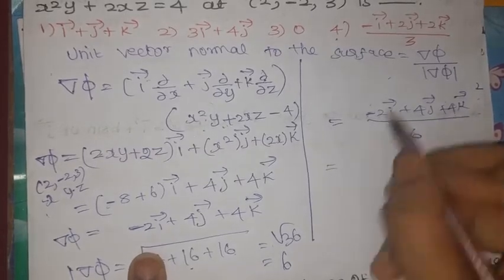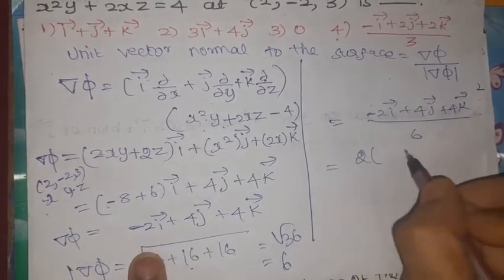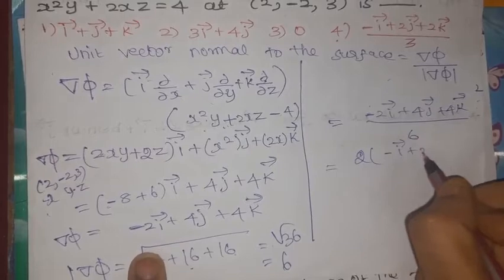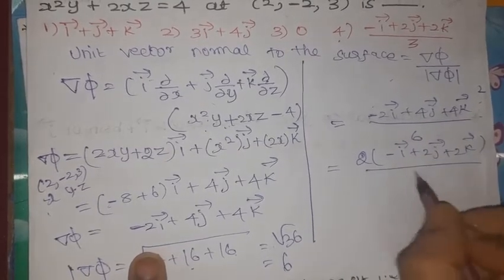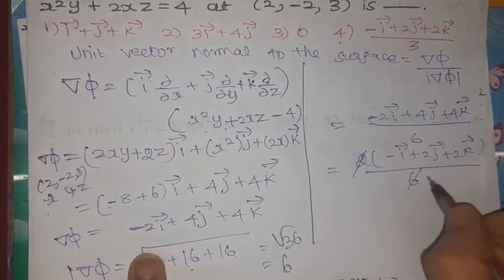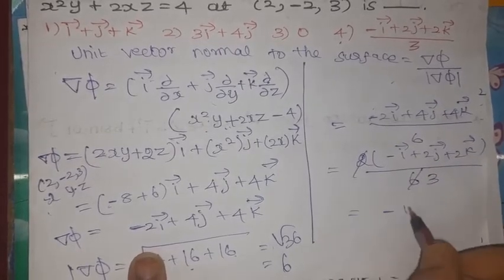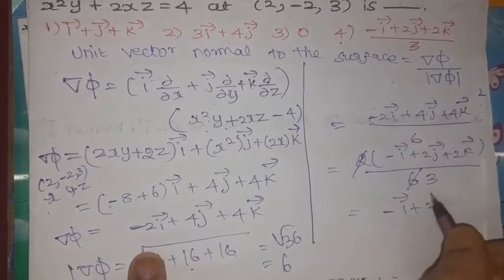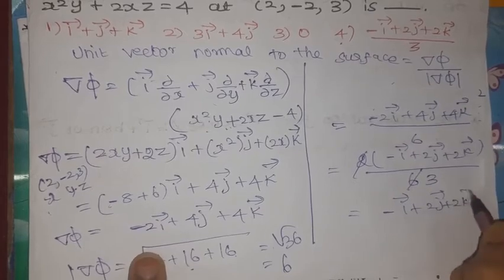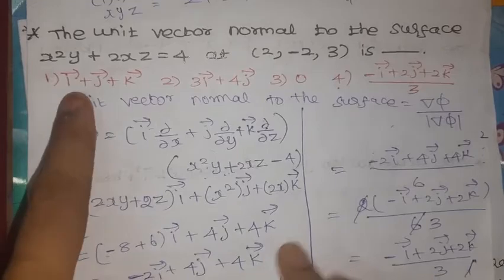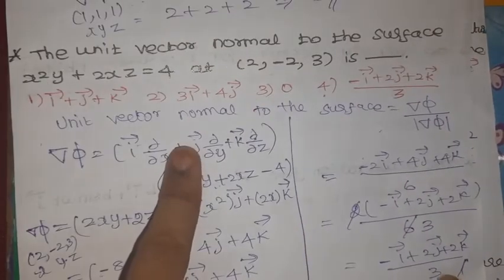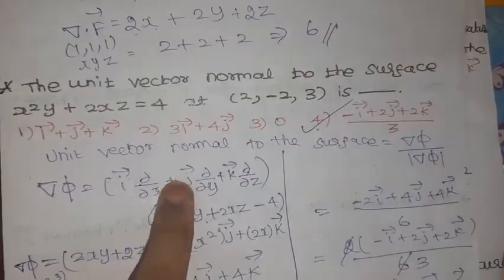Take 2 outside, minus i plus 2j plus 2k divided by 6. Cancel this, and we get minus i plus 2j plus 2k divided by 3. So this is the unit normal vector to the surface at this point. Option 4 is the right option.